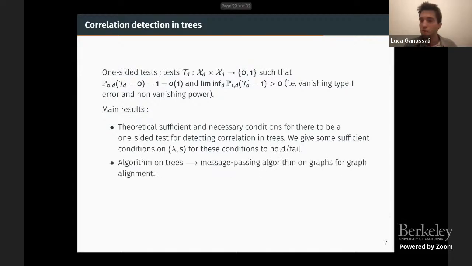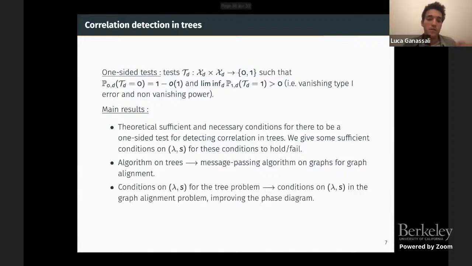The algorithm on trees that I described, simply looking at this likelihood ratio, easily extends to the graph setting, where we end up with a polynomial time message passing algorithm for this graph alignment task. And these conditions for the tree problem, of course, also give conditions on the parameters for the polytime feasibility, if we like, of the partial graph alignment problem, which improves the phase diagram.